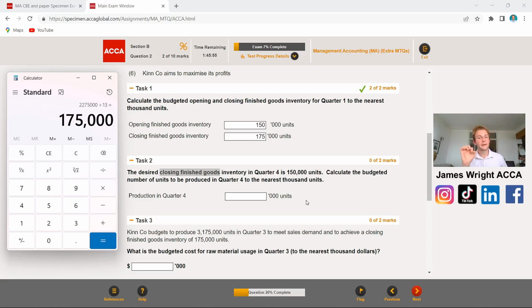Okay, that's the opening position for quarter 4. So the key formula that you need to get down now here is that we're going to take the sales plus the closing minus the opening, and then that is going to give us the budgeted production for that quarter 4 period on there. So we'll just work it through as we said on there.